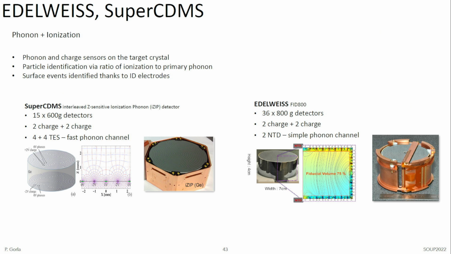There is already a number of dark matter experiments which are using phonon plus ionization channels, like Edelweiss at Modane in France, and Super CDMS that will be installed at SNOLAB.